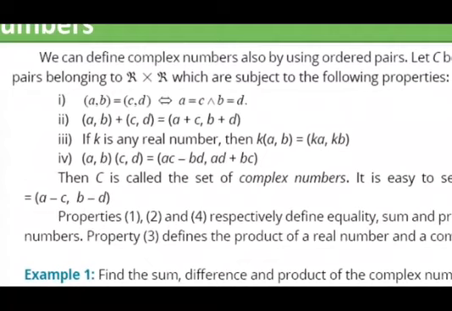If two complex numbers are equal, real part is equal to real part, imaginary part is equal to imaginary part. If two complex numbers add in second form, a comma b plus c comma d, real part adds to real part, imaginary part to imaginary part. If k multiplies a complex number, k into a, k into b.